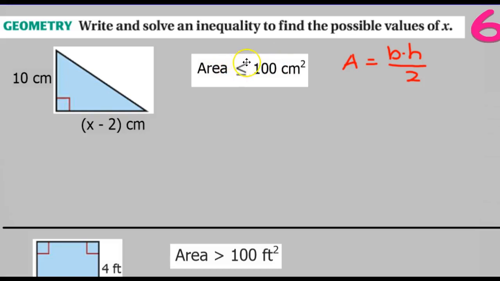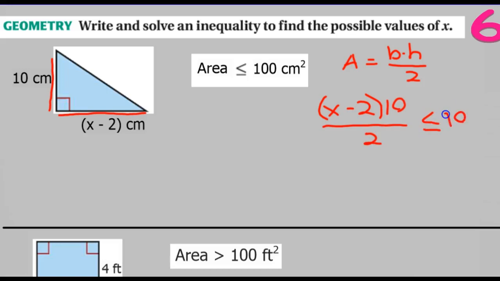It says the area is less than or equal to 100 centimeters squared. So our area is our base, which is down here, x minus 2, times our height, which is 10, divided by 2, is less than or equal to 100 centimeters squared.